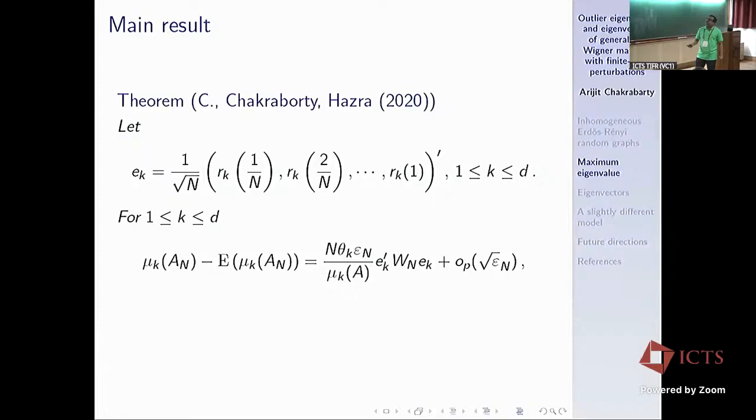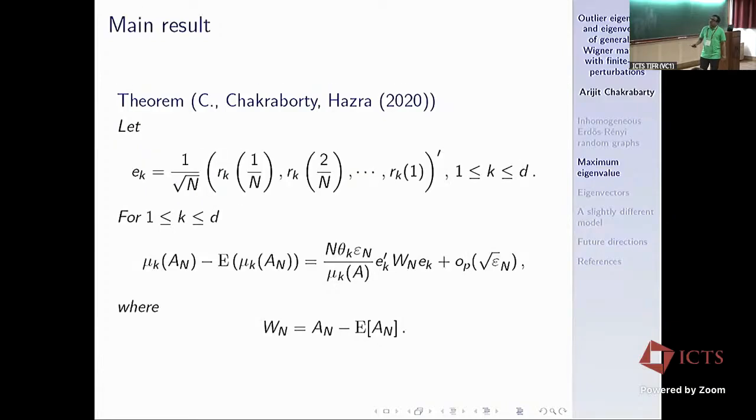Here we have Ek prime Wn Ek, which again has a Gaussian fluctuation by the Lindeberg central limit theorem. Whatever remains has a smaller fluctuation. So Wn is the centered matrix.